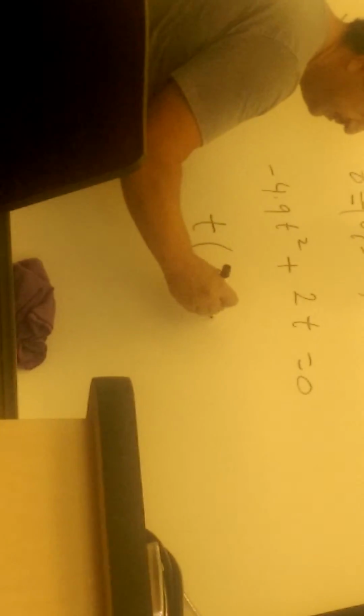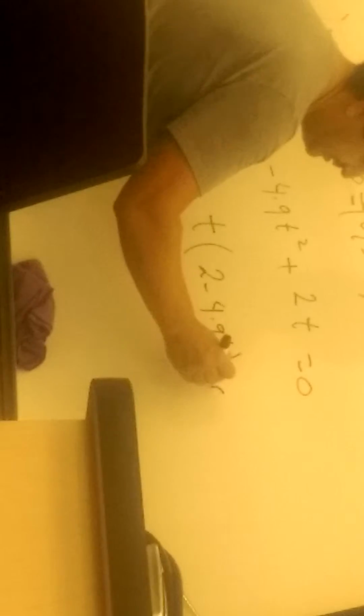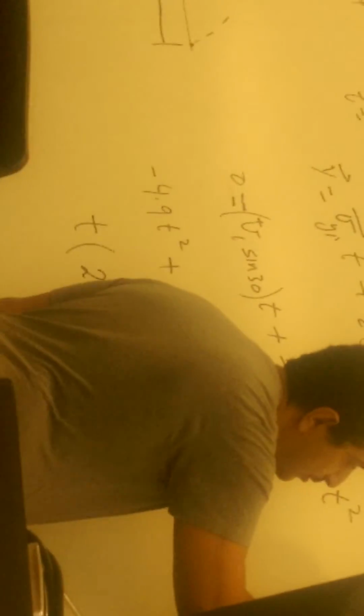This gives you t times (2 minus 4.9t) equals 0. If you guys remember, a times b equals 0 gives you 2 choices: either a equals 0 or b equals 0, because 0 times anything is 0. Correct?